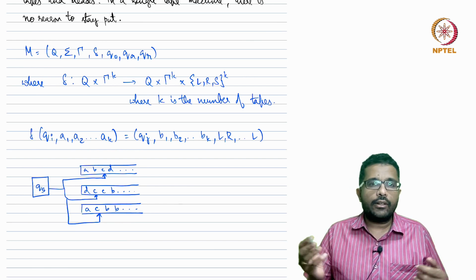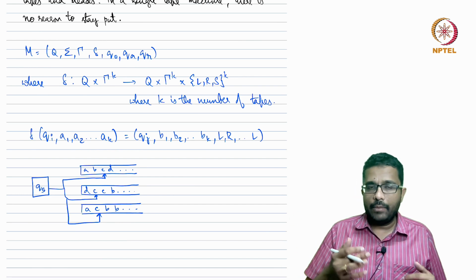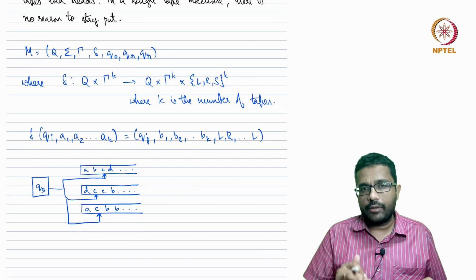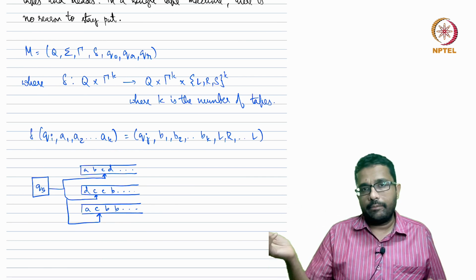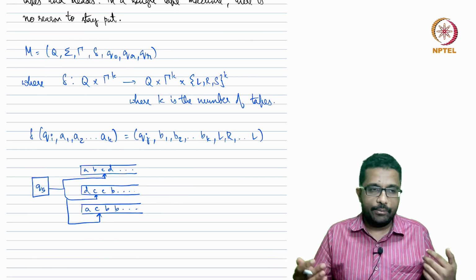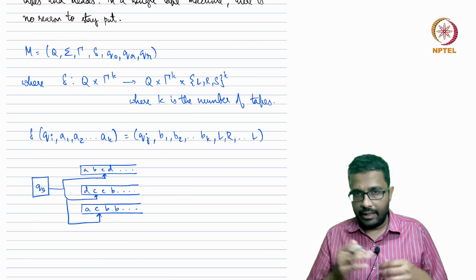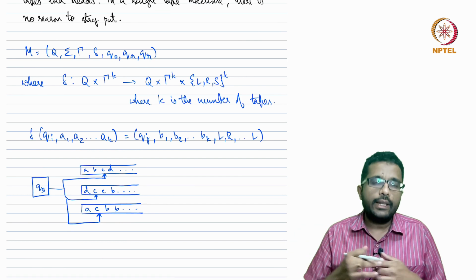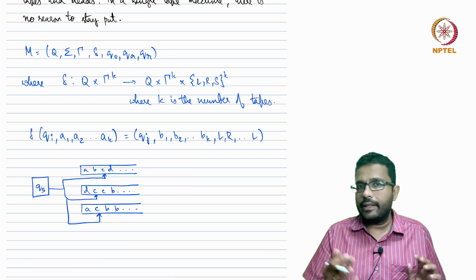And the heads of each of these tapes do not have to move in the same manner. Like in each step of computation, the tape 1 head could move right, the tape 2 head could move left, and tape 3 the head could move based on whatever the rules are. The rules allow each head to move in a different direction, right?